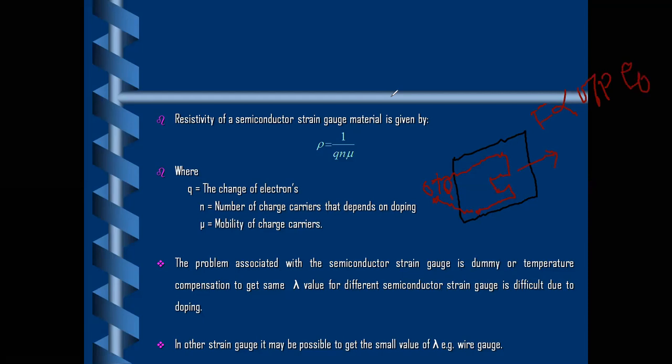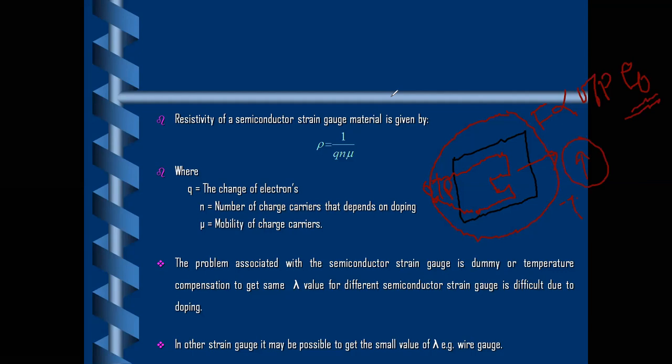But at the same time, for the semiconductor strain gauge, if my environmental condition, the temperature, changes, then the resultant output which is supposed to be generated, that is voltage, is also affected, because resistance is going to change depending upon the variation in the environmental temperature condition.